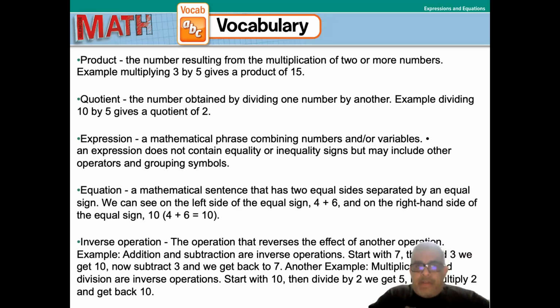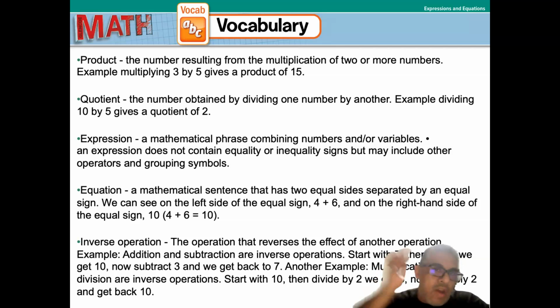Here's a vocabulary list. Product. Let's go ahead and all of us read the definition out loud, including the example, at the count of 3. We're going to read all the definitions that are listed here so we can know what they are for this particular 7.4 and 7.5. 1, 2, 3.